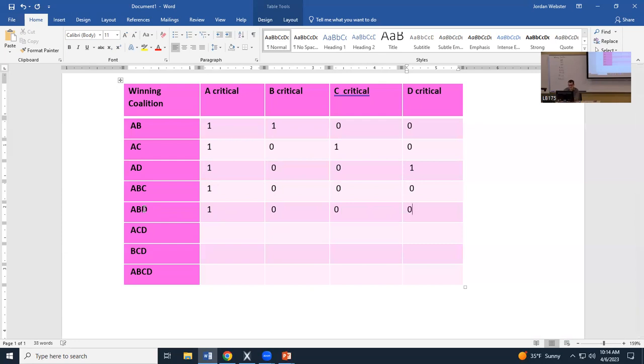So D was not critical either. We're getting the same thing with ACD. If I drop A out, CD does not win. If I drop C out, AD still wins. So C is not critical. If I drop D out, AC still wins. There you go.